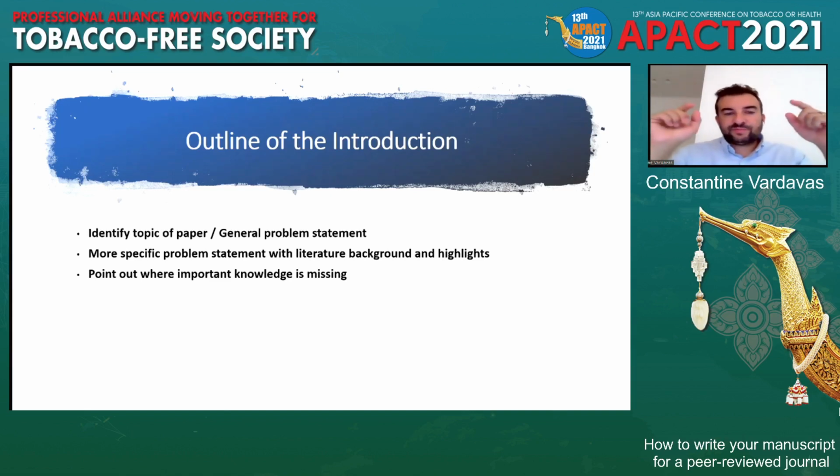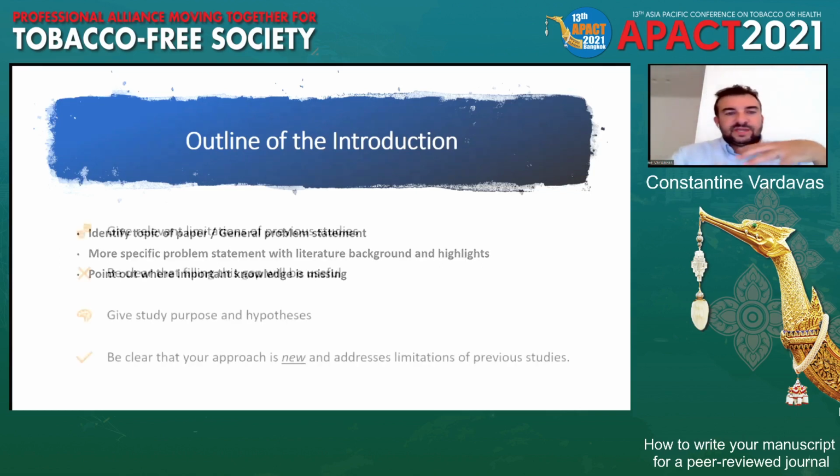And in general, if you get a manuscript, it's also good, when you're reading a manuscript, to be able to identify what's the general problem, where's the problem statement, where's the literature behind that, and what is missing. That's also, I'd underline the word here, missing. So what information is missing? And so an introduction has what's the problem, what's the gap in the knowledge, and how are you going to address this gap.